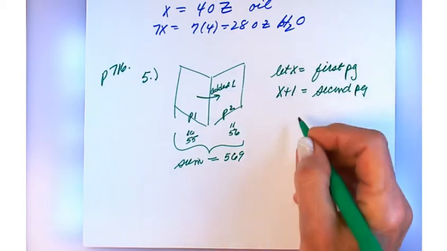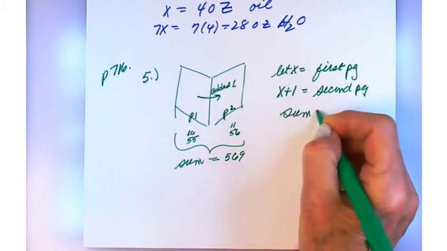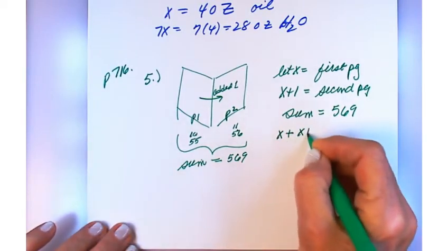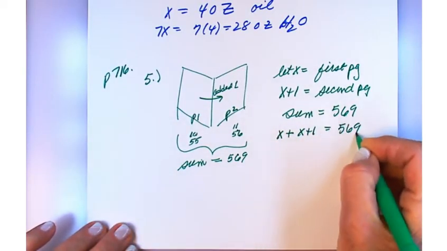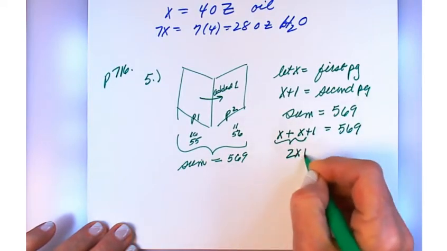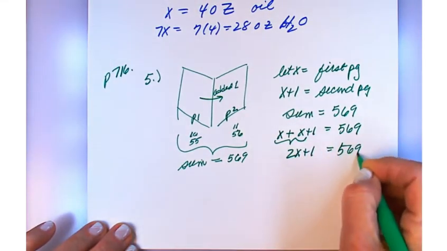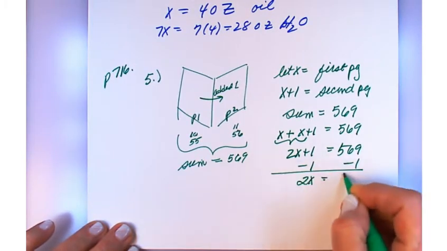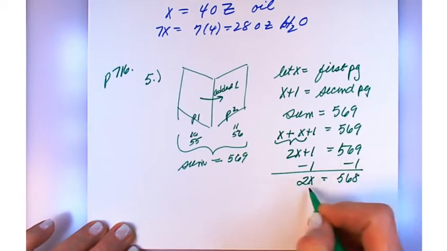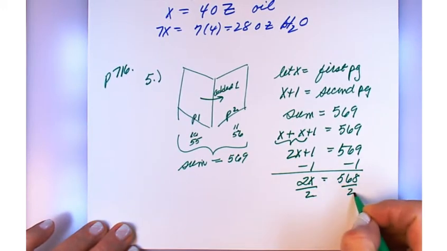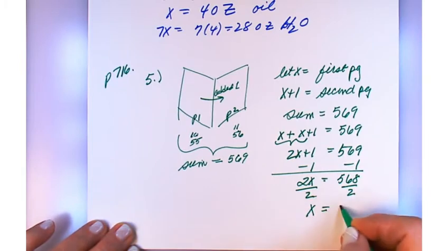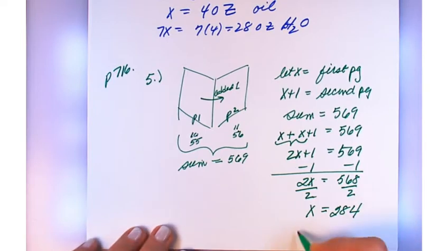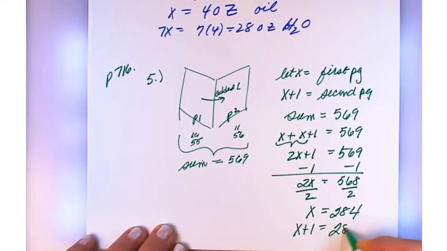So I know the sum equals 569. So x plus x plus 1 is 569. 2x plus 1 is 569. Subtract 1. 2x is 568. Divide by 2. x equals 284. And x plus 1 is 285.